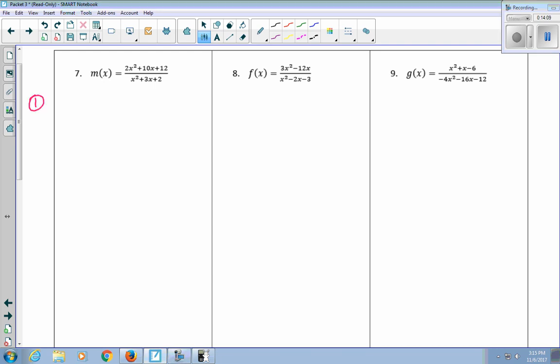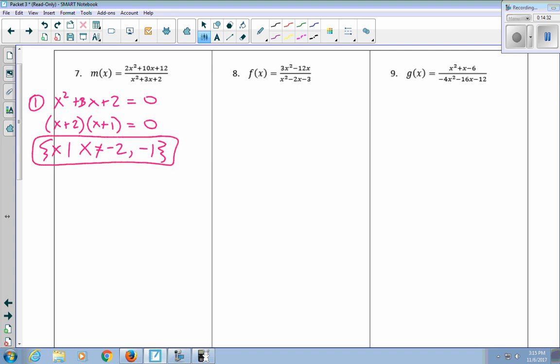Your domain is all x values except any that might make the denominator 0. So I set the denominator to 0. That factors to x plus 2, x plus 1. So x can't be -2 or -1. So the set of all x's such that x is not -2 or -1. There's my domain.